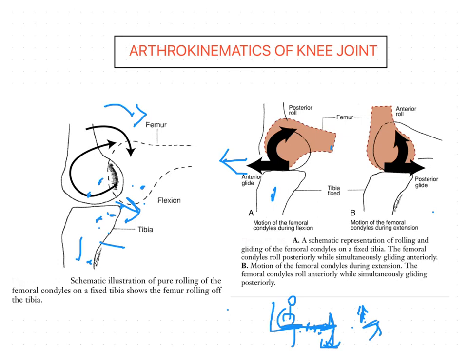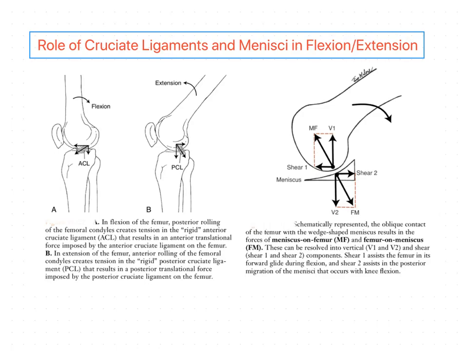The next thing to consider is the cruciate ligaments and menisci, which also have a role in flexion and extension. The arthrokinematics associated with tibiofemoral flexion and extension are somewhat dictated by the presence of the cruciate ligaments.